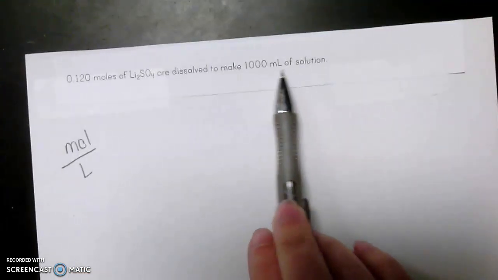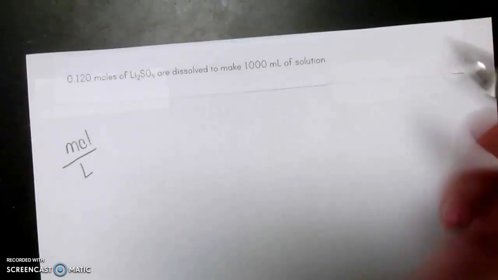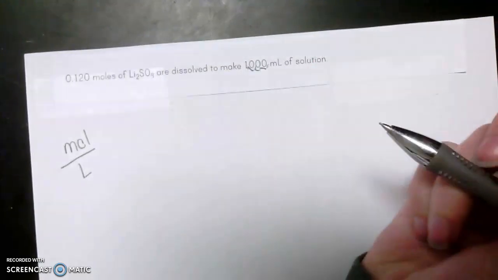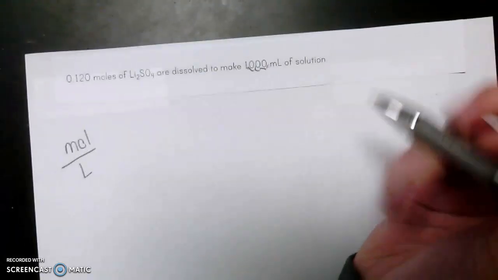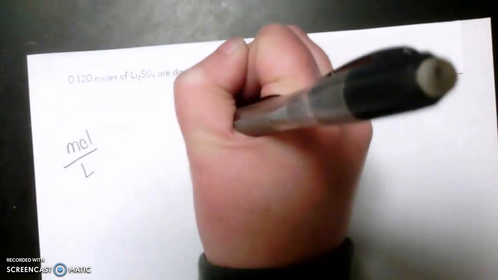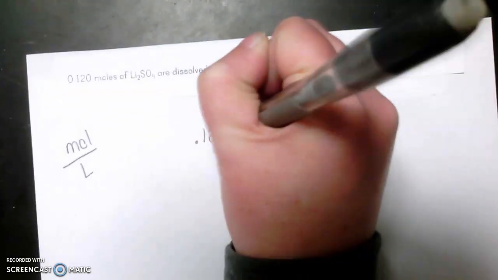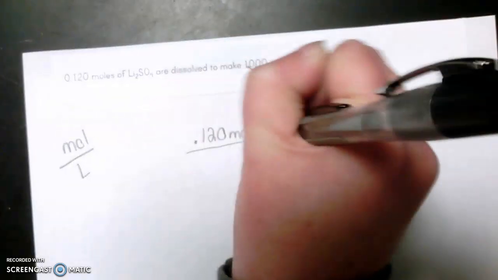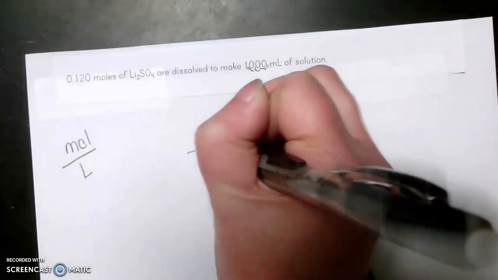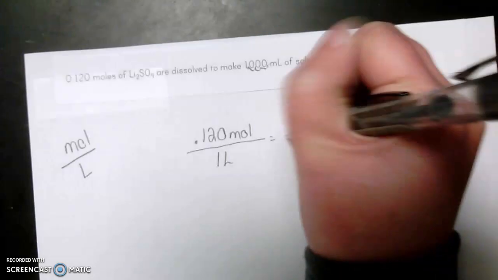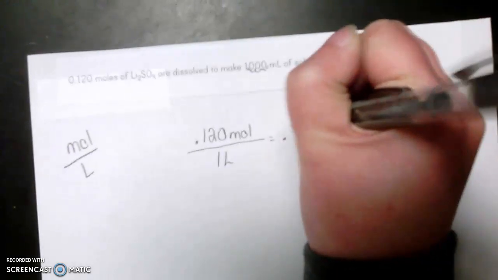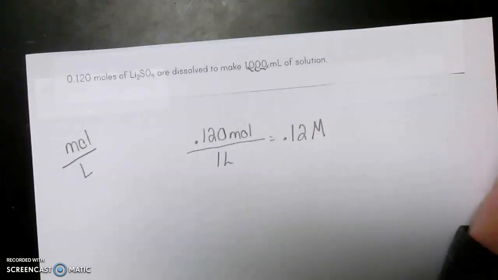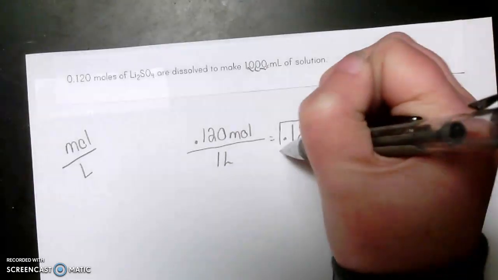So again, to get milliliters to liters, all you have to do is move that decimal 1, 2, 3 places to the left. So you have 0.120 moles, and you're going to divide it by 1 liter to give you 0.12 molar solution. And that is your answer.